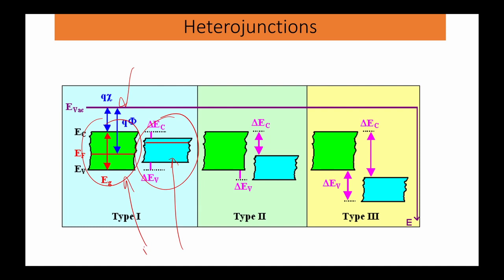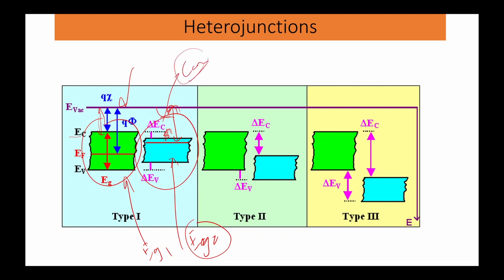These two have different energy band gaps, EG1 and EG2. Also, the electron affinity of these two, the difference between the conduction band and the vacuum level, is different. The difference between these two, EC1 minus EC2, which we call delta EC, is known as the conduction band offset.